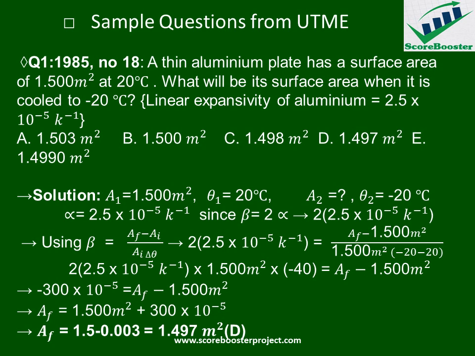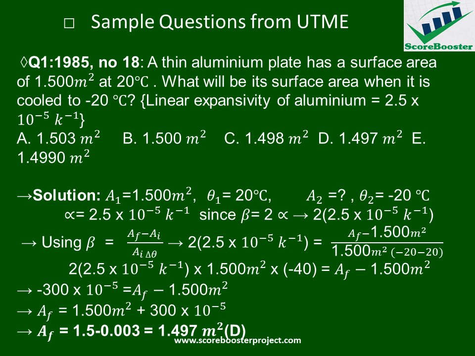When we make AF the subject of the formula here, it makes us transfer 1.500 to the other side, and that will give us minus 300 times 10 to the power minus 5 plus 1.500.